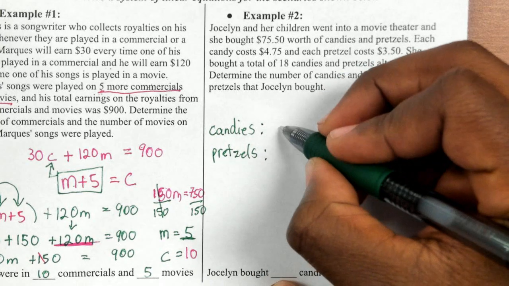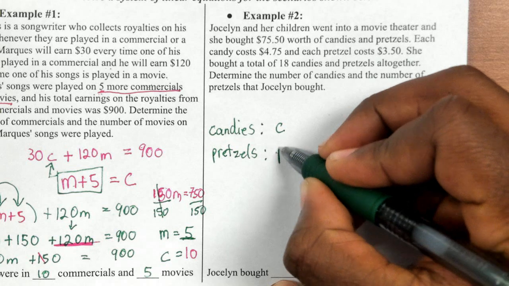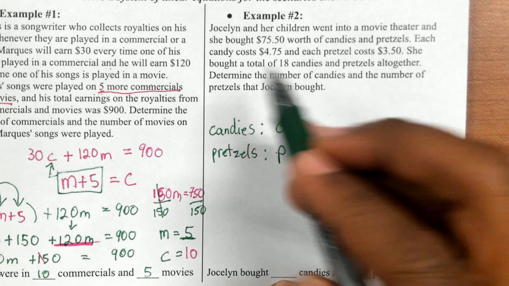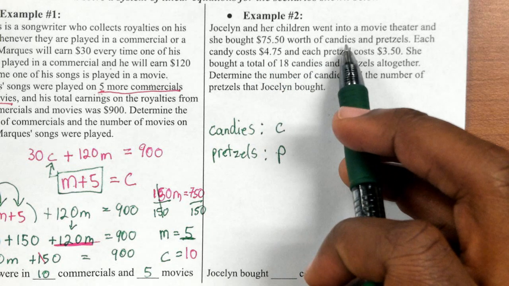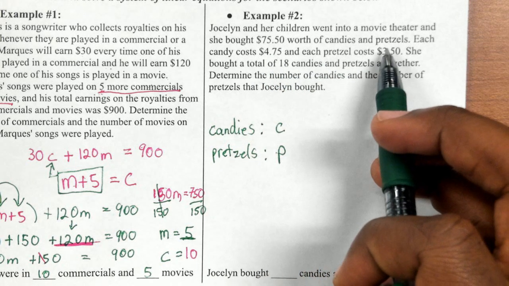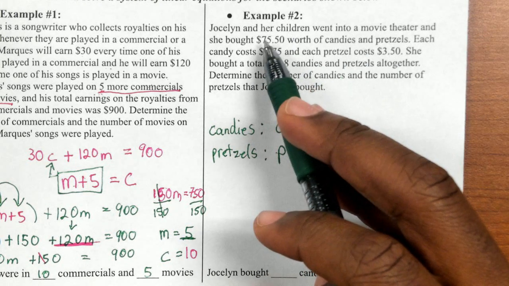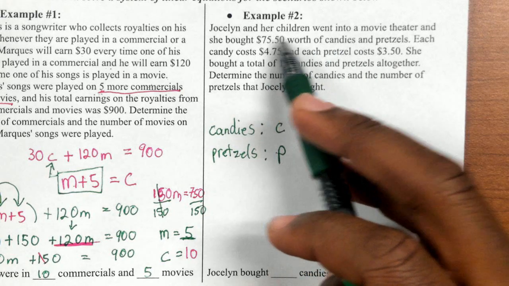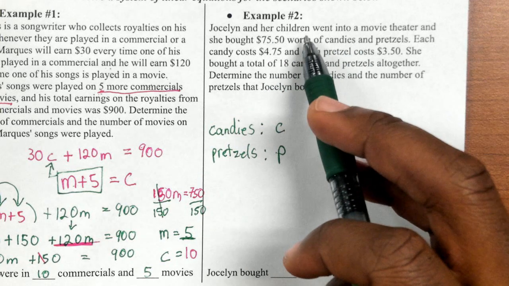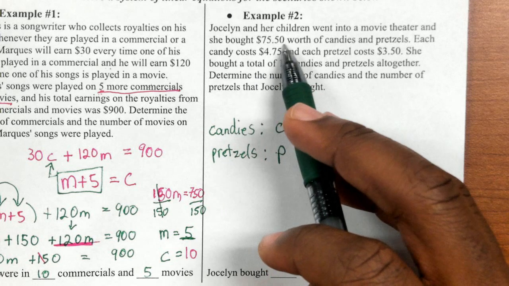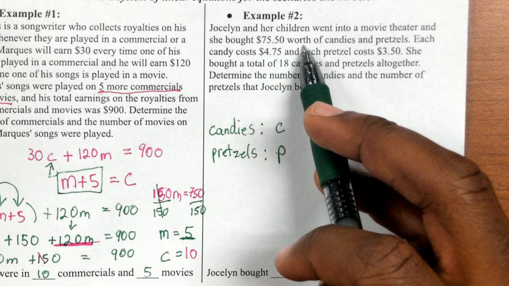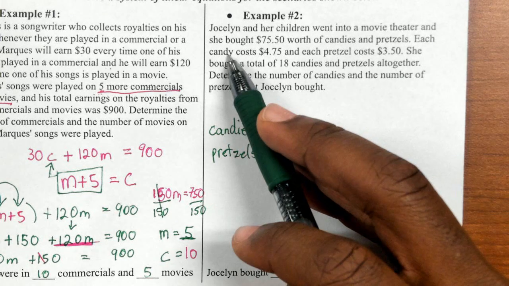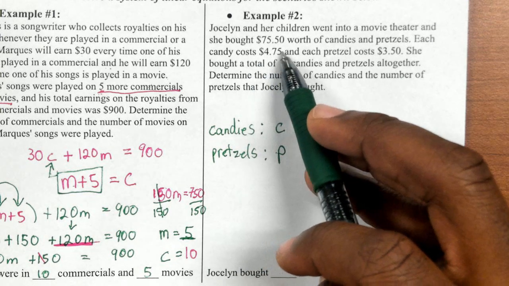So let's call candies C and let's call pretzels P, all right? So it says they bought that amount worth of both candies and pretzels. It did not tell us specifically how much they bought of each, but it told us that the total worth that they spent was $75.50.